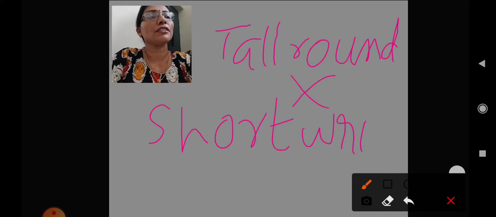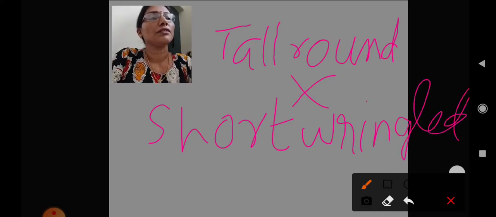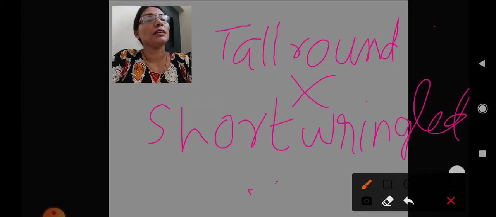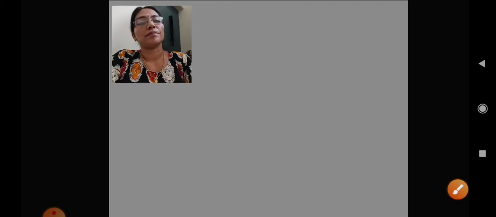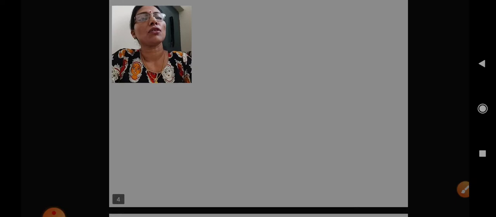The contrast of round is wrinkled. So the tall round when crossed with the short wrinkled, what will be the nature of the second generation?